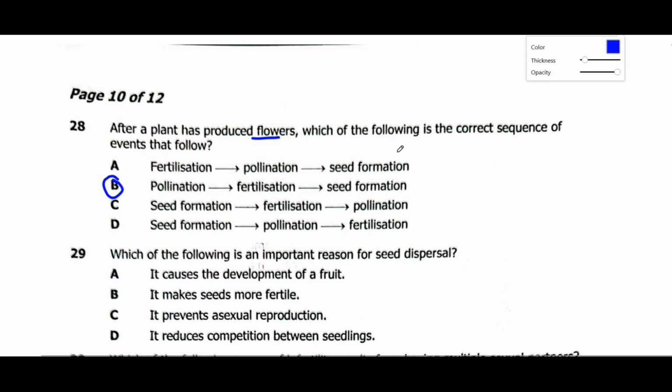Pollination is defined as the transfer of pollen grains from the anthers, which is the male part, to the stigma, which is the female part. After pollination is where you are going to have fertilization, because for male sex cells to fuse with the female sex cells, they need to move. Then after that, we have the seed formation. So always, pollination comes before fertilization.